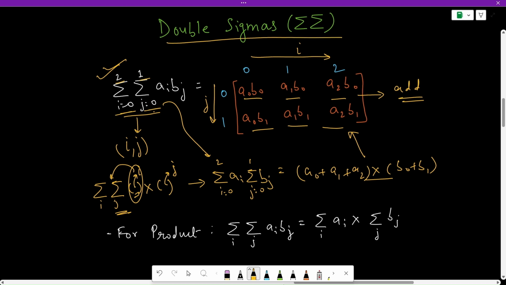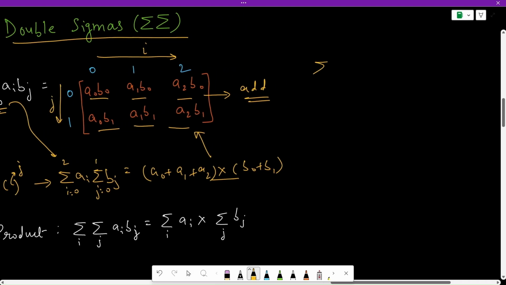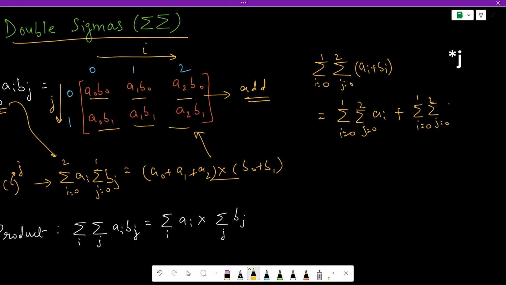Now for summation also we have a similar property. If we have summation i equal to 0 to 1, j equal to 0 to 2, ai plus bi, then we can split it as summation i equal to 0 to 1, summation j equal to 0 to 2, ai plus summation i equal to 0 to 1 and summation j equal to 0 to 2 bi.